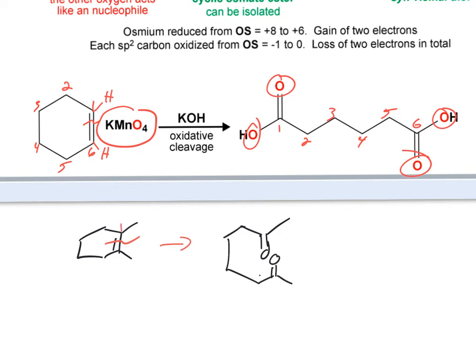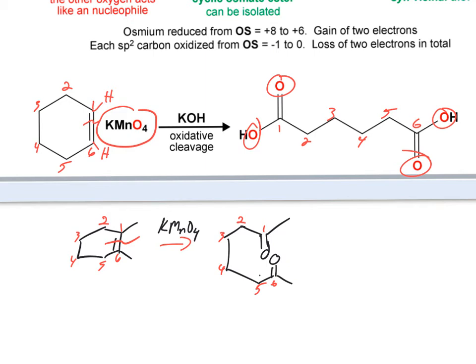I'm going to bring our carbons 1, 2, 3, 4, 5, 6. So depending on what we have with KMnO4, if the alkene has hydrogens on it, you end up with carboxylic acids. If it doesn't, you end up with ketones.